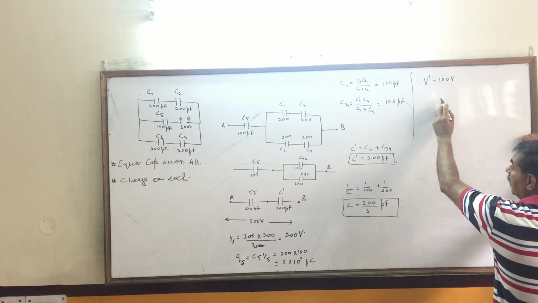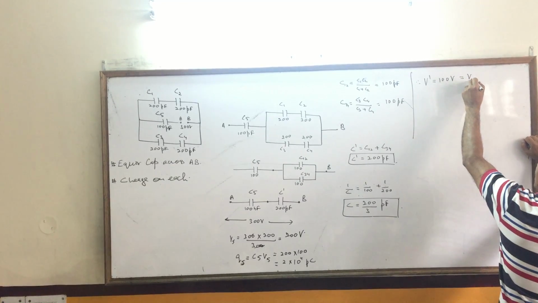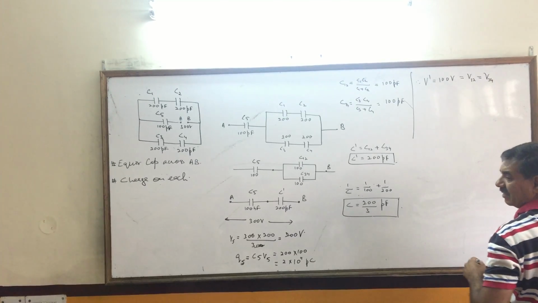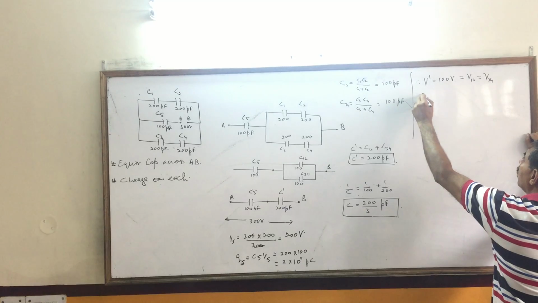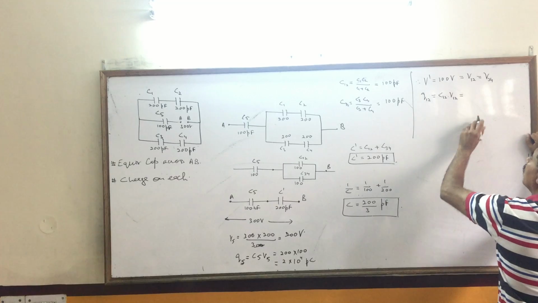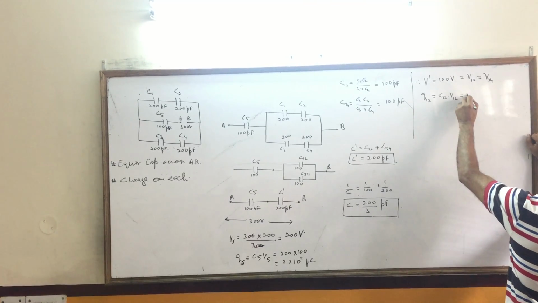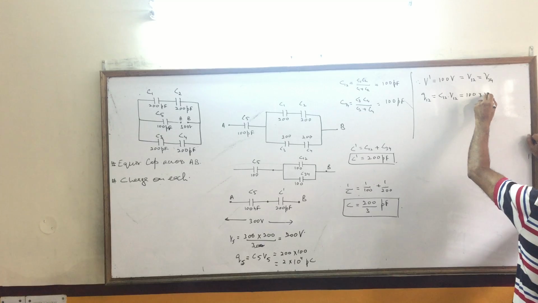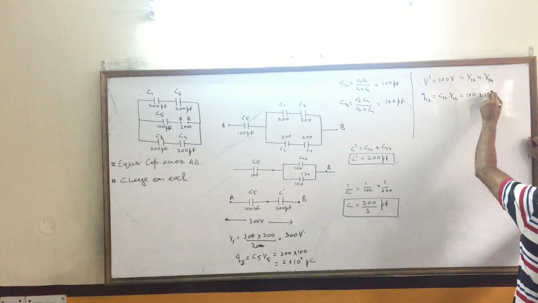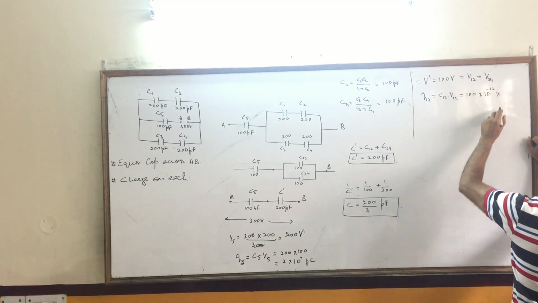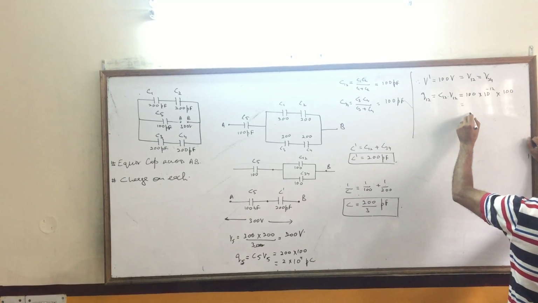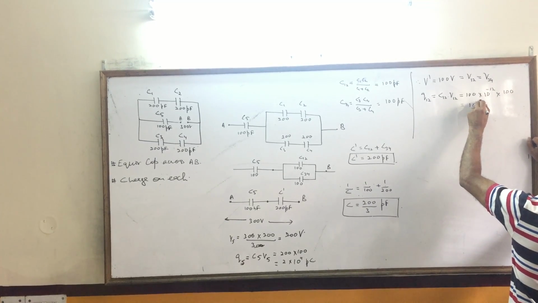V dash is 100. Now, it means V12 is also 100 and V34 is also 100. Now, Q12 is C12 into V12. C12 is 100 into 10 raised to power minus 12, and V12 is 100. That gives 10 raised to power minus 8.